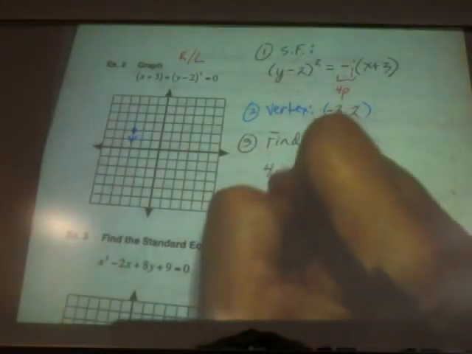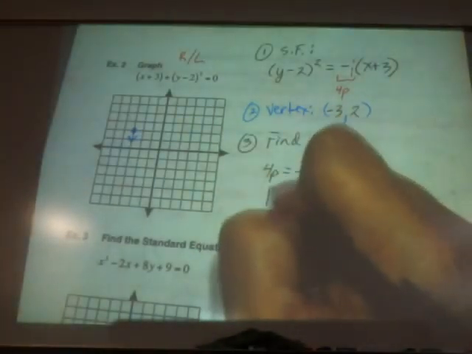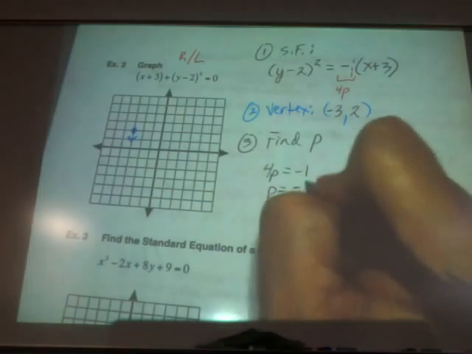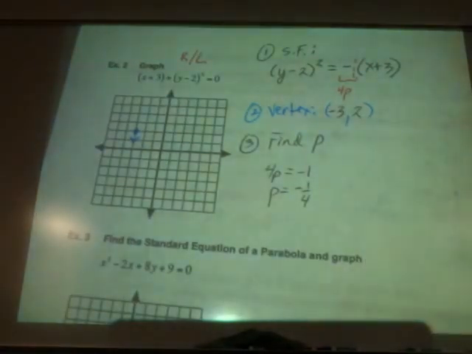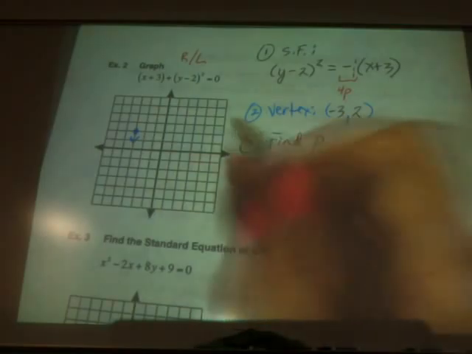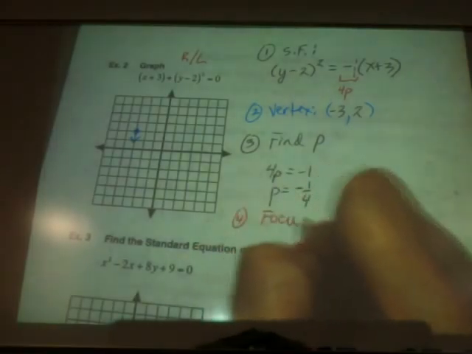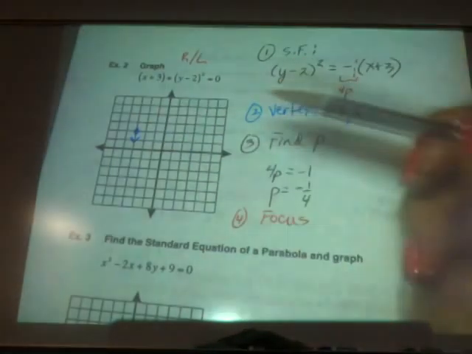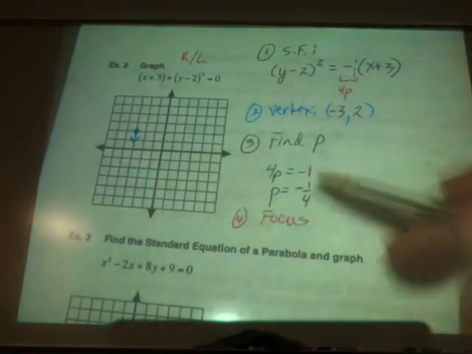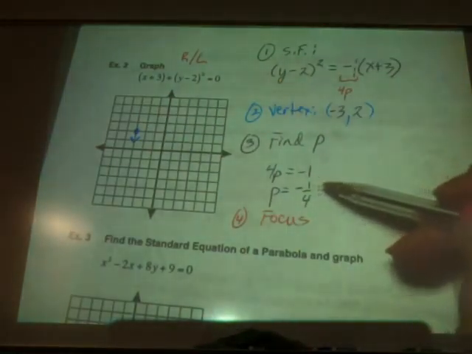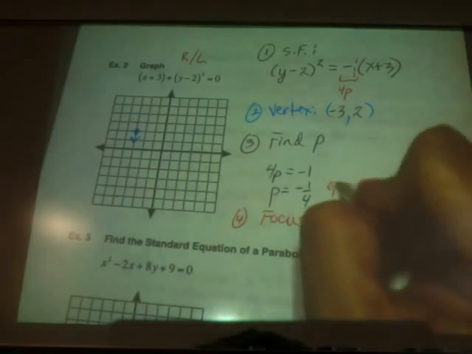So 4p is equal to negative 1. What does p equal? Negative 1/4. So this is where I don't remember formulas, right? So we have to find the formula for the focus. So the focus, okay, if p is negative, am I going to open right or left? So this opens left because left is negative.